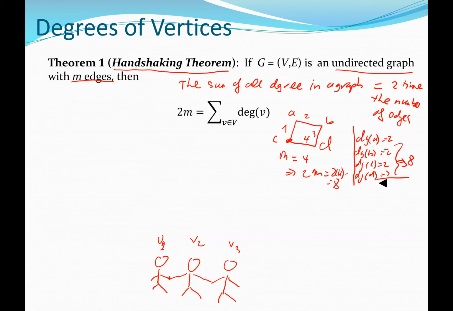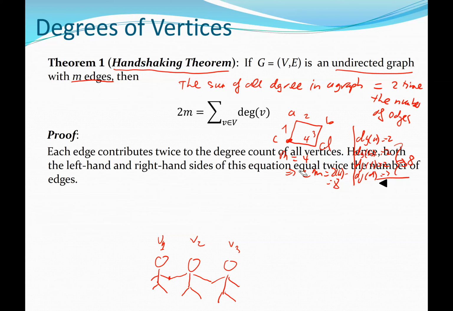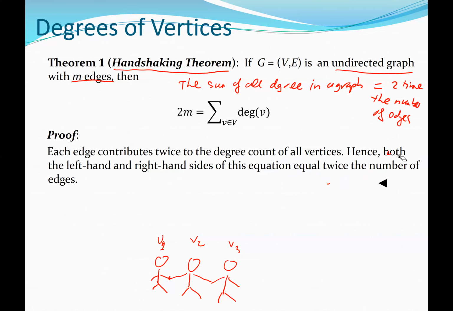That's a little demonstration, but here's the proof for this. As you can see in the handshaking figure that I showed you, each edge contributes twice to the degree count of all vertices, right? So both the left-hand and right-hand side will equal twice the number of edges, as we can see in the handshaking theorem.